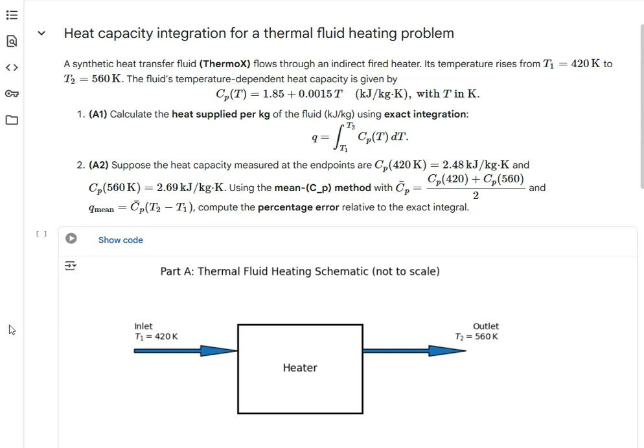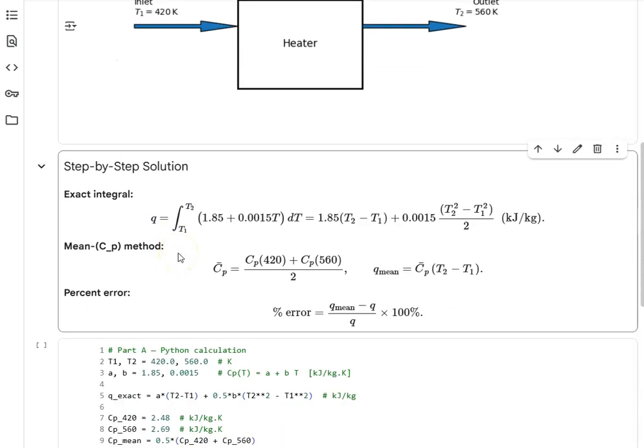So let's start with the first method, the exact integration. Here is the step-by-step solution. The total heat added is the integral of Cp with respect to temperature. Mathematically, Q equals the integral from T1 to T2 of 1.85 plus 0.0015 T dT.